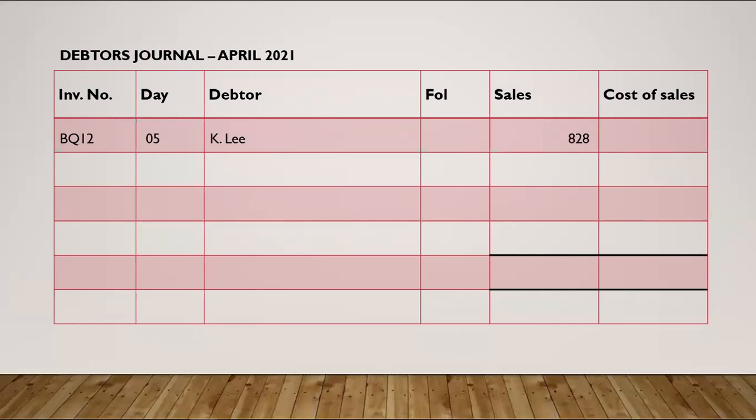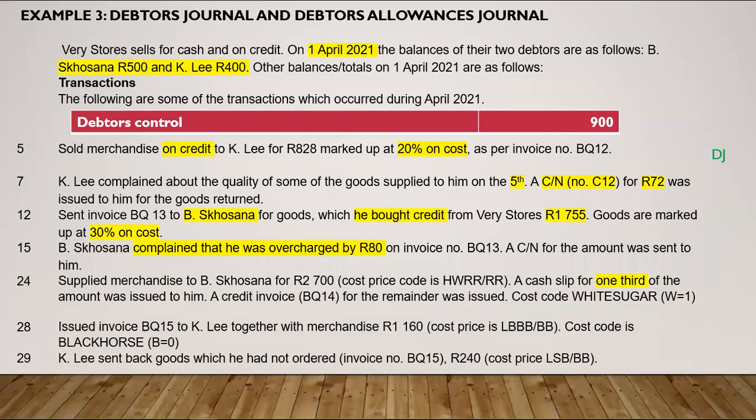I'm going to go back to it. They said the markup is 20% on cost. So how do I calculate the cost price here? I will simply take that 828 times it by the cost price, because I want cost price.